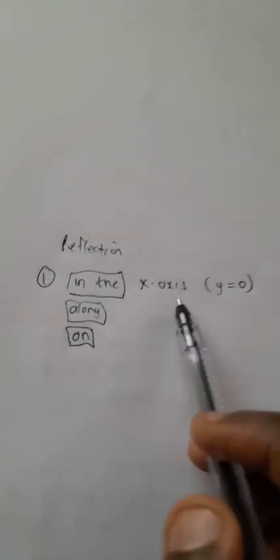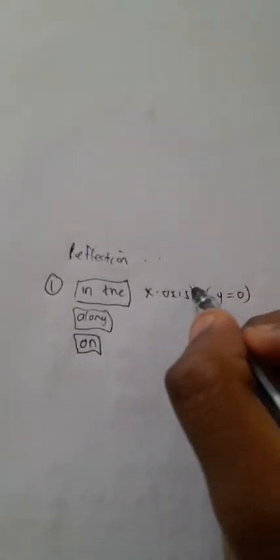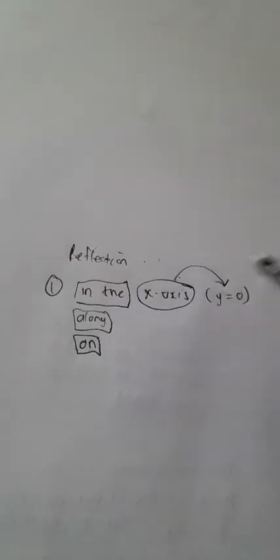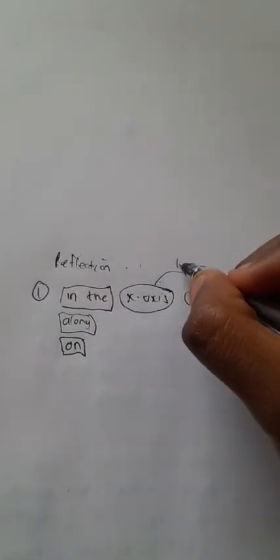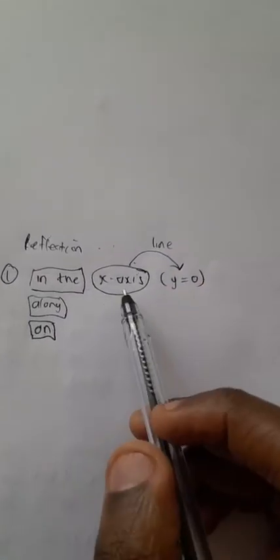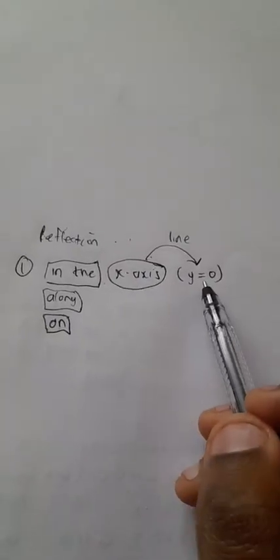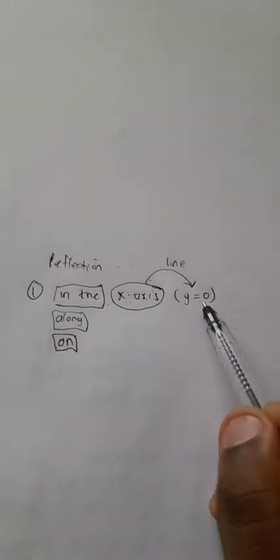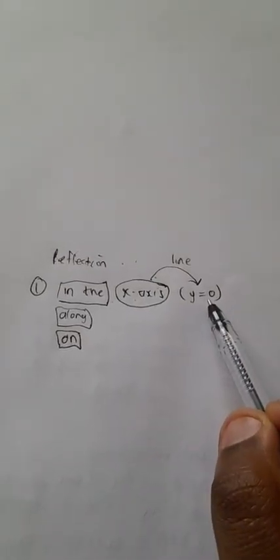They can say in, along, on the x-axis. Another similar notation they can say is reflection in the line y is equal to 0. In the x-axis and in the line y is equal to 0 is the same thing.